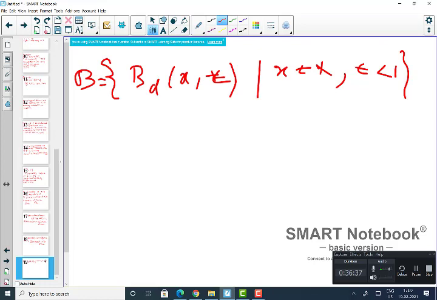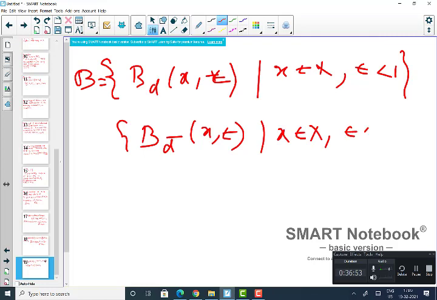And now you see that these collections, and the collections B bar(x, epsilon), obviously with the same epsilon less than 1, maybe this is a B dash or B bar. So they actually generate the same topology, because whenever you have a basis element there, you can choose a basis element there, and vice versa.